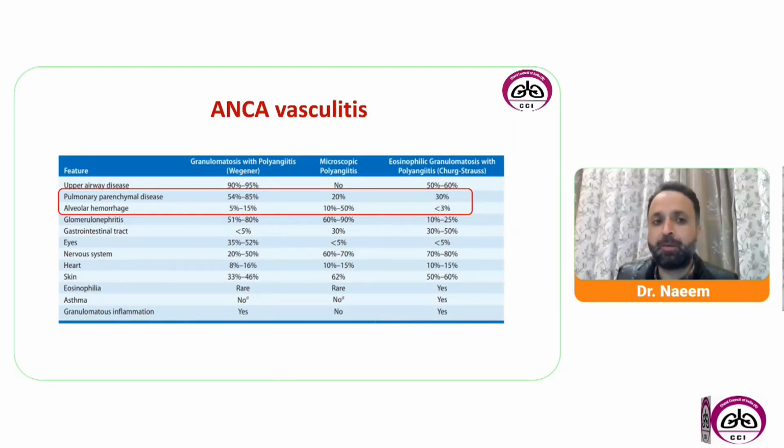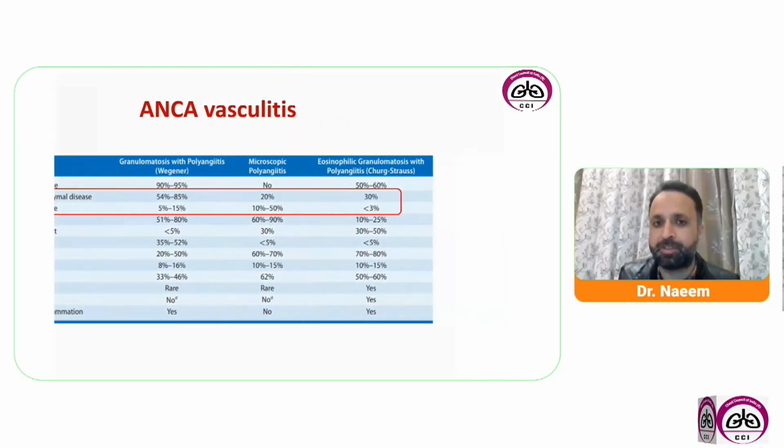Based upon the ANCA vasculitis, we can see here by percentage in this tabulated form the upper airway and pulmonary parenchymal disease and the alveolar hemorrhage, most importantly in granulomatosis with polyangiitis, having 90 to 95% upper airway and 50 to 85% parenchymal involvement with alveolar hemorrhage of 5 to 15%.